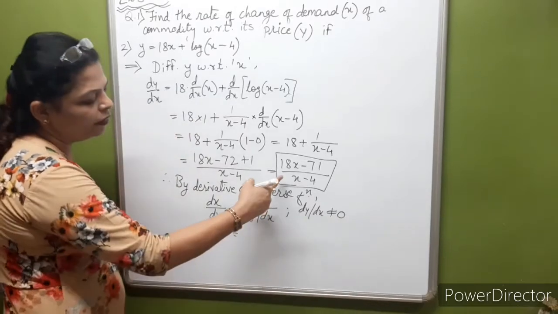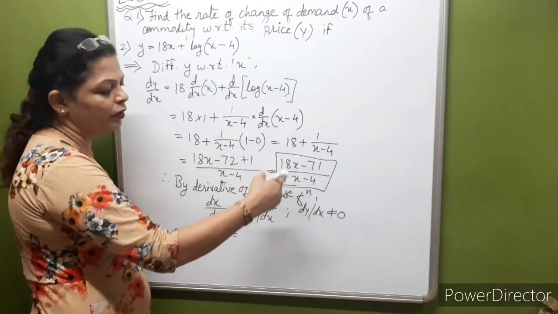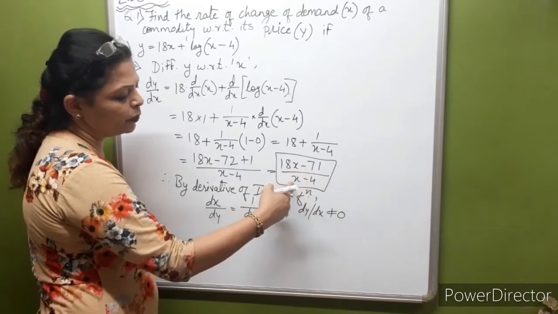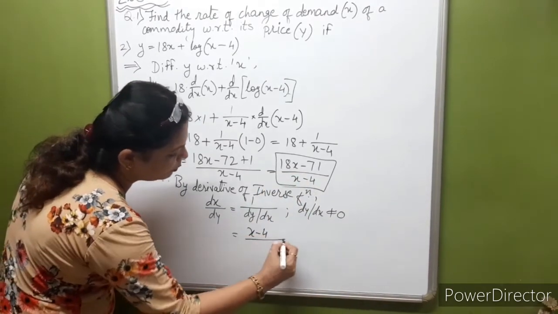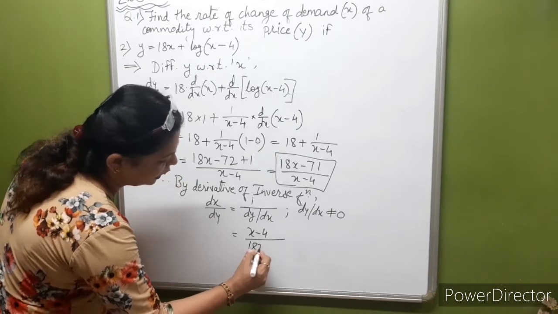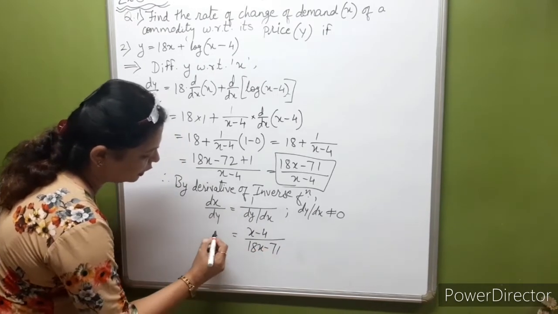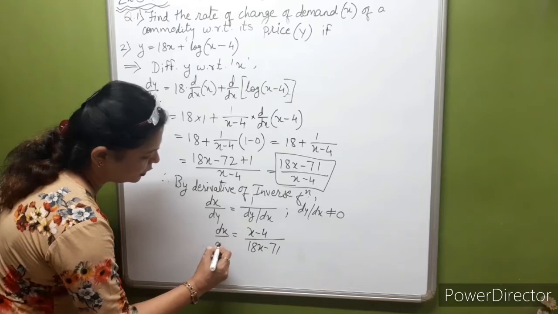So now the reciprocal of this function, 1 upon 18x minus 71 upon x minus 4, so it will be x minus 4 upon 18x minus 71. This is your final answer.